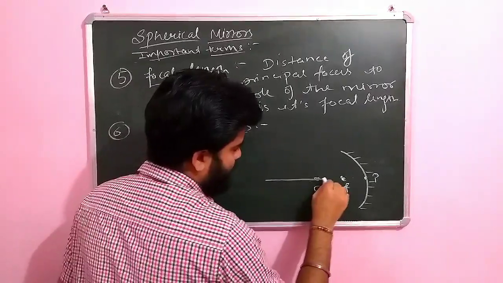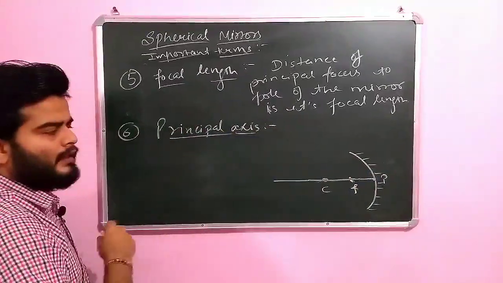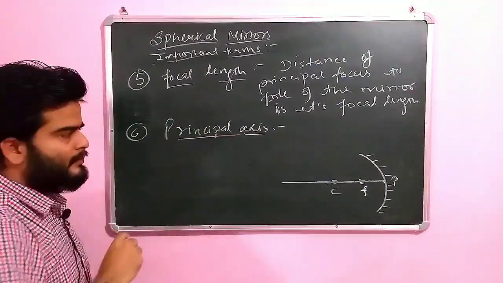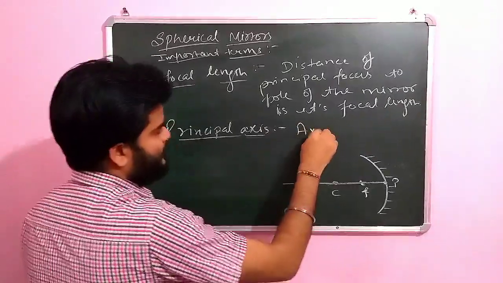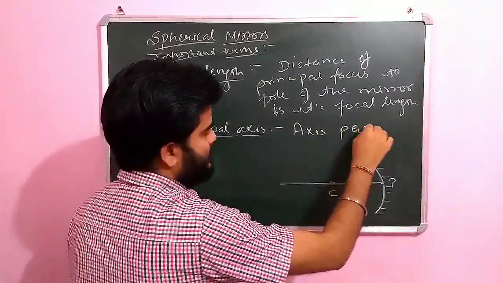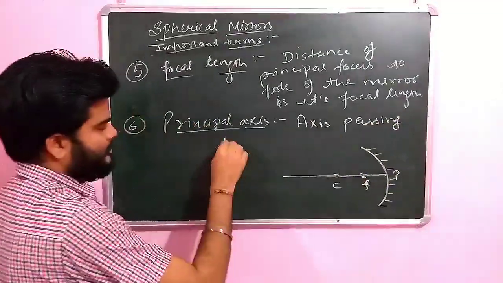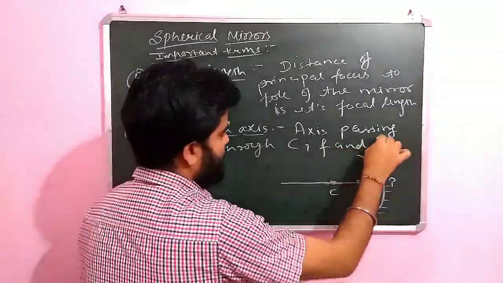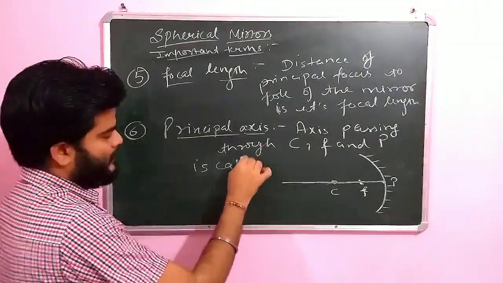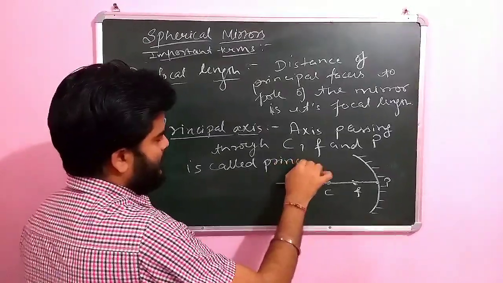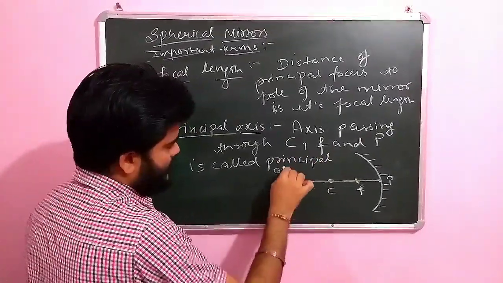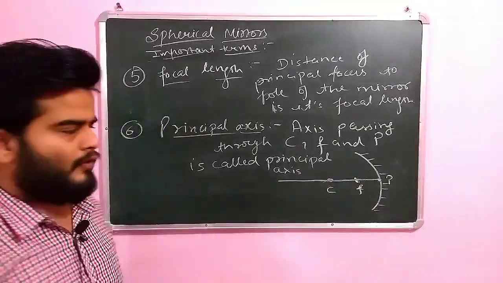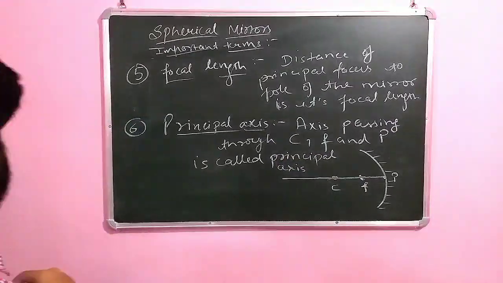So the line passing through all these points C, F and P, that will be known as principal axis. So the axis passing through C, F and P is called principal axis, or you can say that center of curvature, principal focus, pole of a mirror will lie on the principal axis.